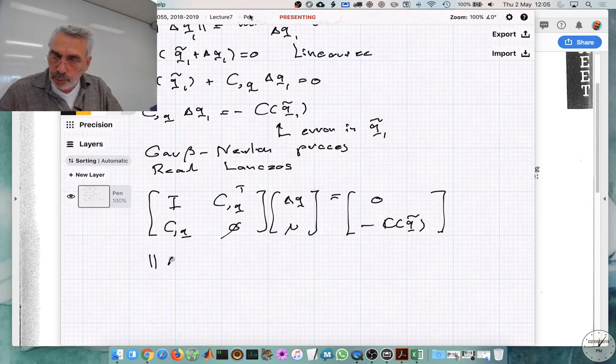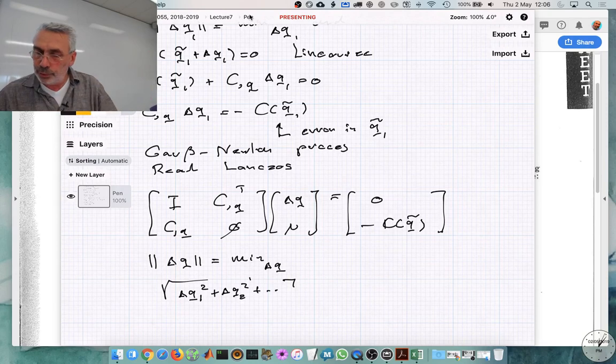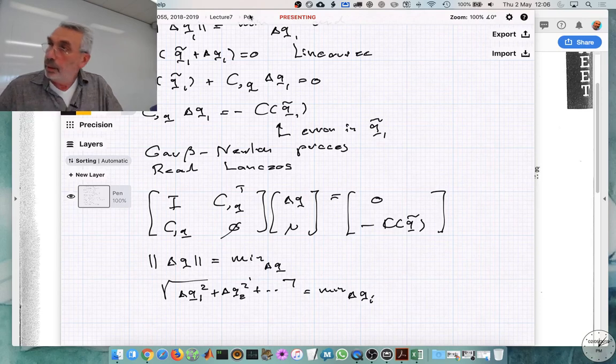If we say the norm of delta Q should be minimal with respect to delta Q, that means, if you write it out, the square root of delta Q1 squared plus delta Q2 squared plus all the number of degrees of freedom I have is minimal with respect to these delta Q i's. Then, if it's minimal, we have to differentiate with respect to that.